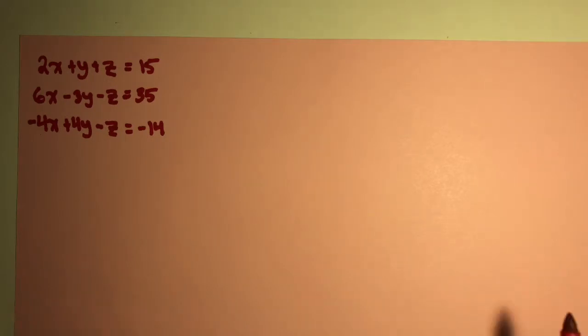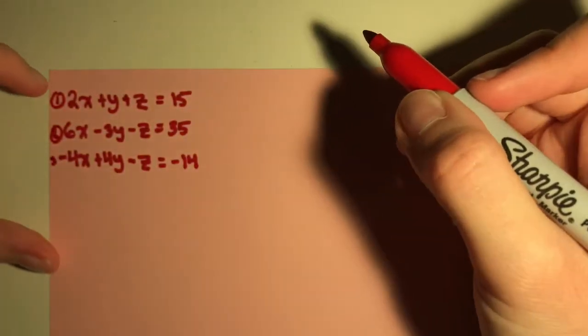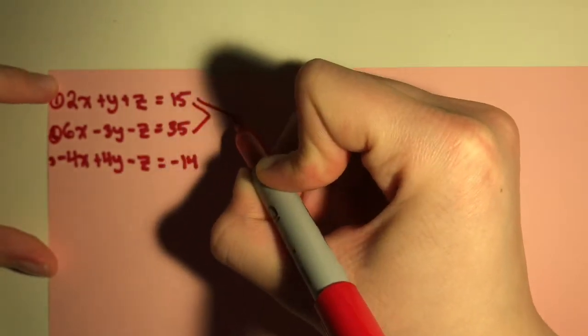So here we are given a 3x3 system right here, and we're definitely going to label these. We have 1, 2, and then 3. When we see this, we're going to attack this by grouping 1 and 2 together, and 1 and 3.